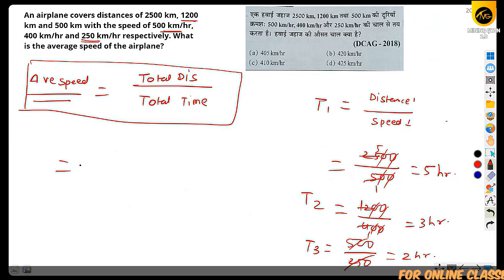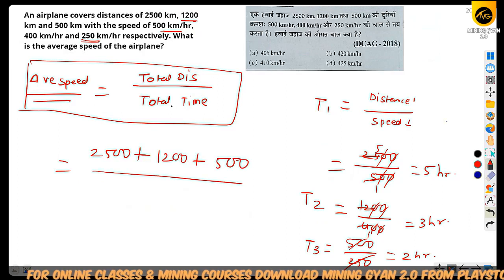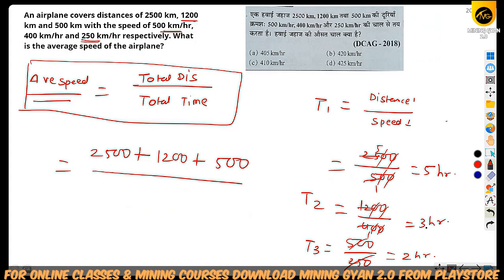So now we have the different distances and different time intervals. The total distance will be 2500 kilometer plus 1200 kilometer plus 500 kilometer, and the total time will be 5 hours plus 3 hours plus 2 hours.